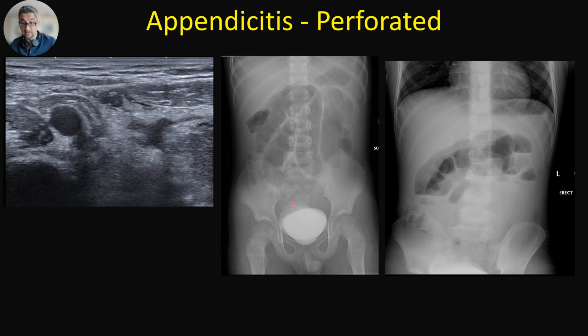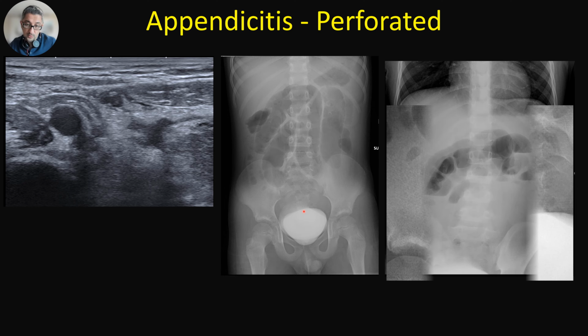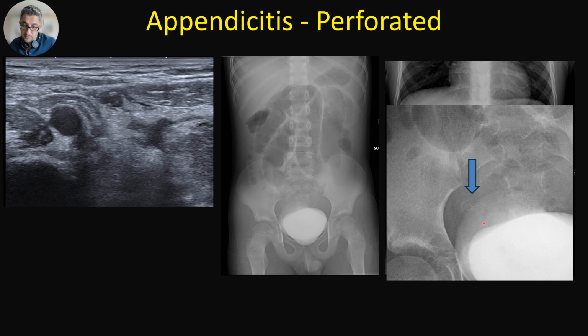But we did a CT afterwards. This contrast is because of CT. But before CT, we saw this appendicolith on the X-ray. So the appendicolith may not be very radiopaque, as in this case. It can be very subtle.